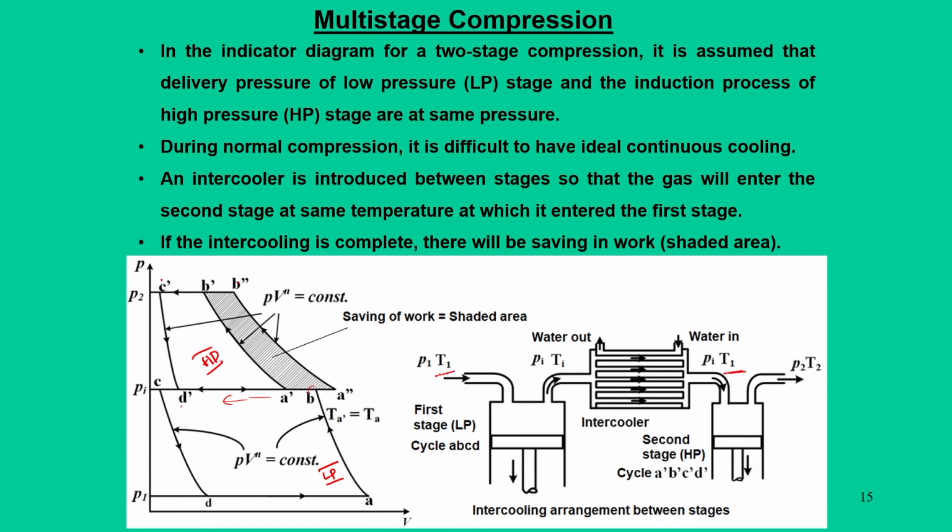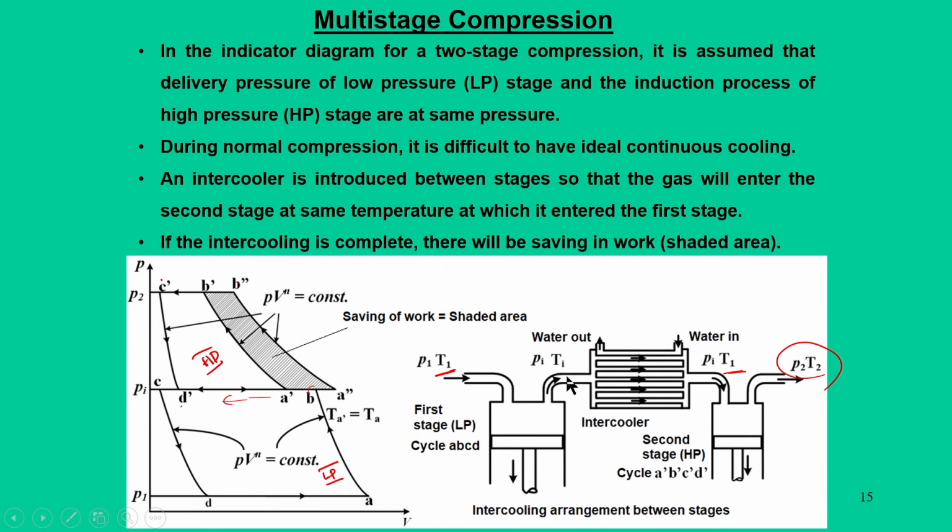T1 is nothing but the temperature at which the gas entered, and the second stage again starts with a higher pressure but with the lowest temperature. With the second stage compression we get the desired pressure P2 and T2. So, this is the entire objective.